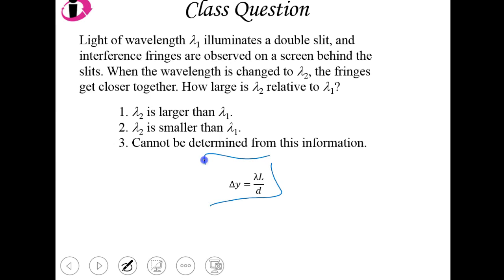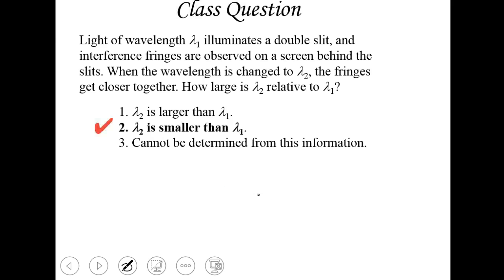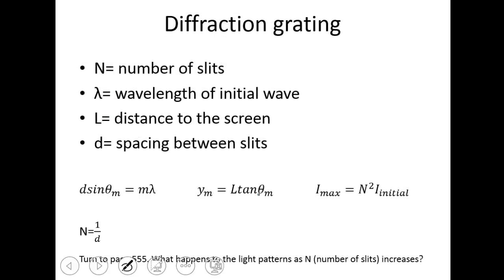So I'm going to use the same formula for a double slit experiment, and I know that with wavelength 1, this is very large, and with wavelength 2, this is smaller. If nothing else is changing, like the distance between the slits, then I have to infer that wavelength 2 is smaller than wavelength 1, simply because of that equation.